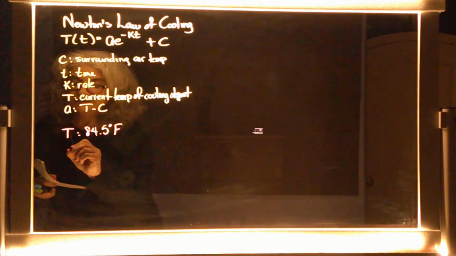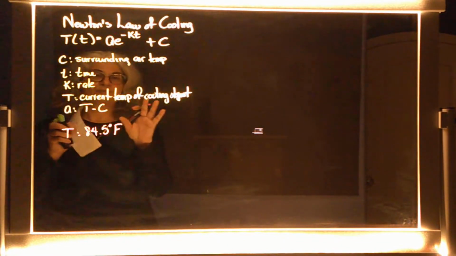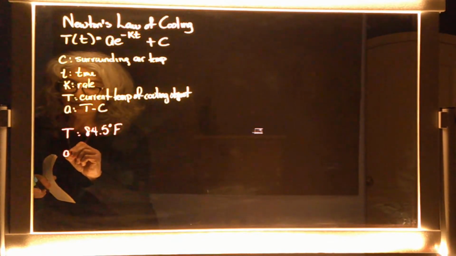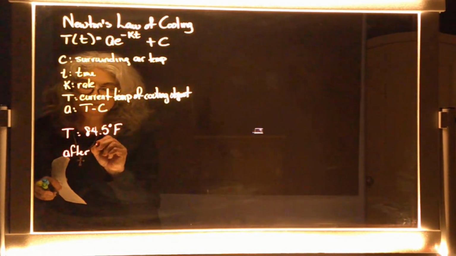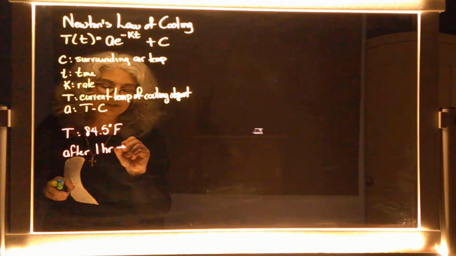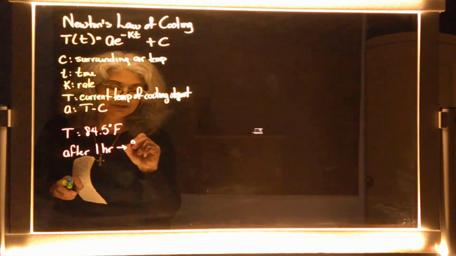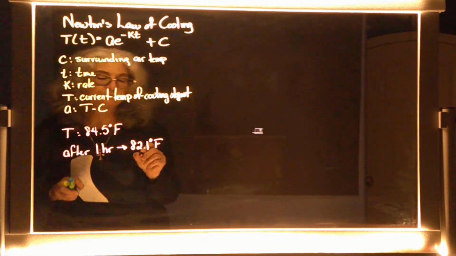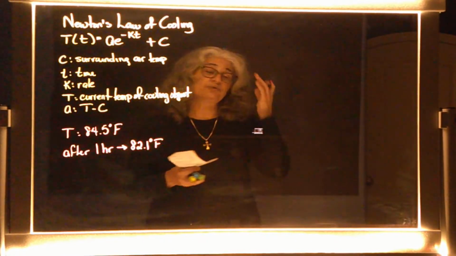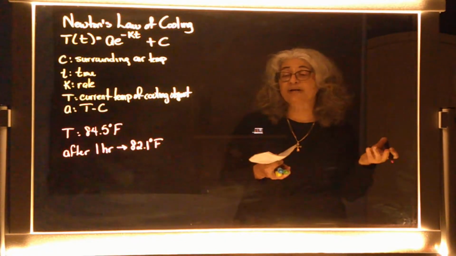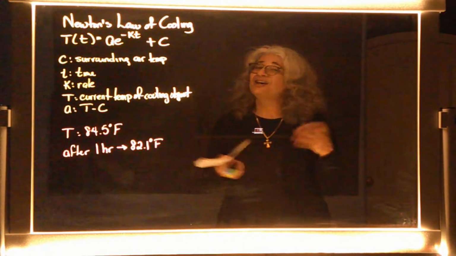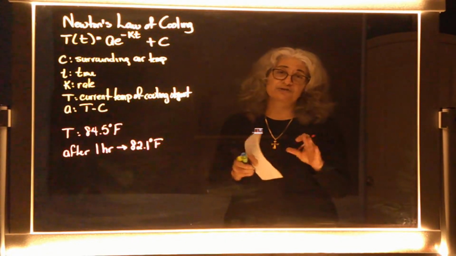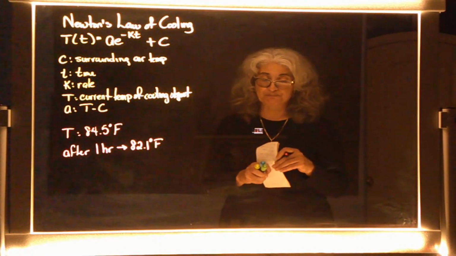Okay, so let's see. I don't really see where that fits in, but it is a good piece of information. After 1 hour, the body temperature went to 82.1 degrees Fahrenheit. By the way, it's good that these units are all in Fahrenheit, because if they took one in Fahrenheit and one in Celsius, we'd have to convert it. So gratefully, they're using all the same temperature.